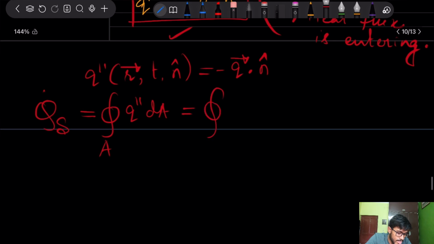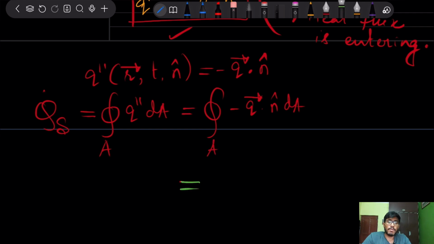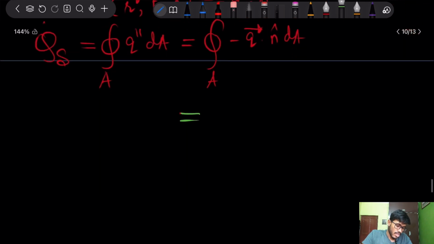Now I can write this q double prime as minus q dot n dA, right? Obviously A should be here. Now, have you heard about the Gauss divergence theorem? You must have heard it in your engineering mathematics course during your B.Tech.